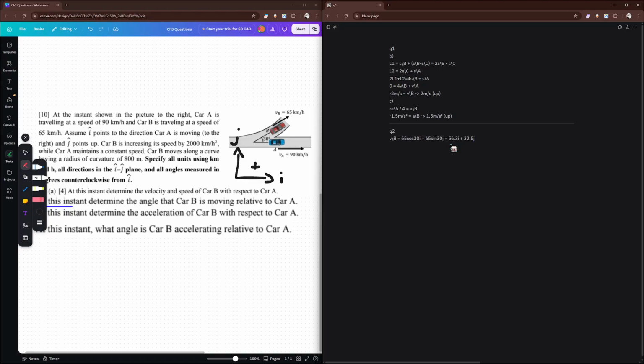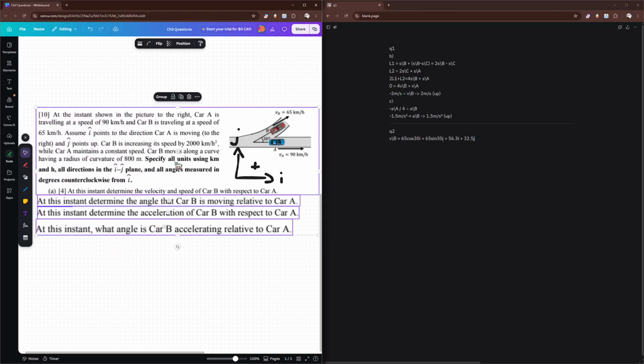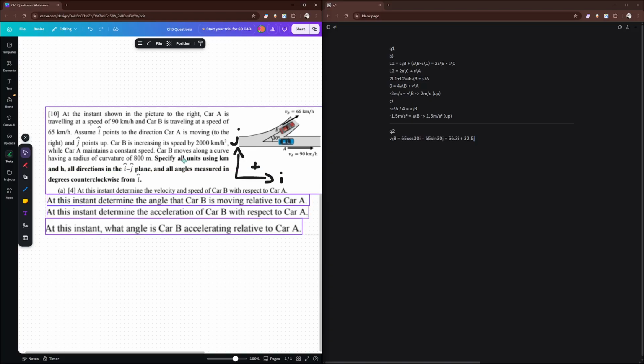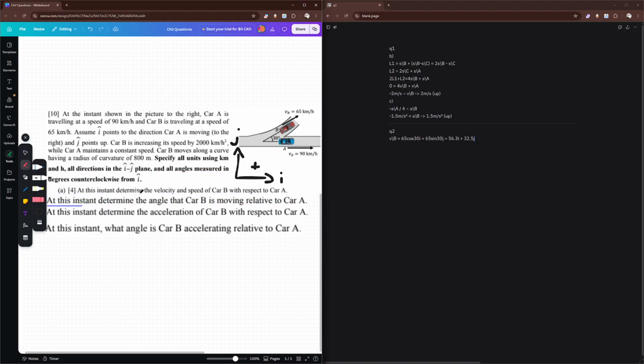Okay, so we have VB, we have VA. We want the velocity and speed of car B with respect to car A. So B with respect to A. That's relative motion, and we know that V of BA is equal to VB minus VA.